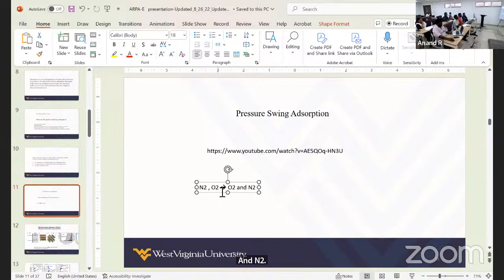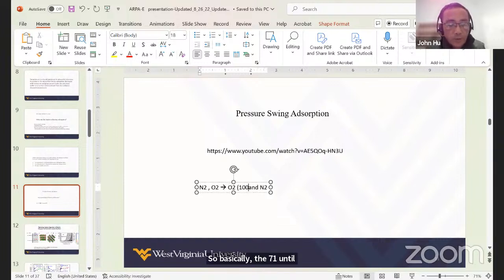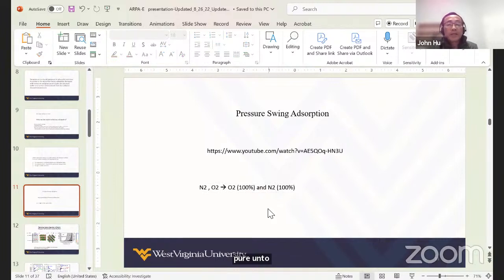So basically, you separate N2. Ideally, you want 100% pure N2. So basically, pressure swing, you have N2 and O2, the mixture.